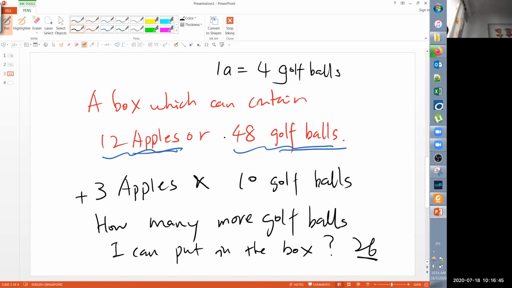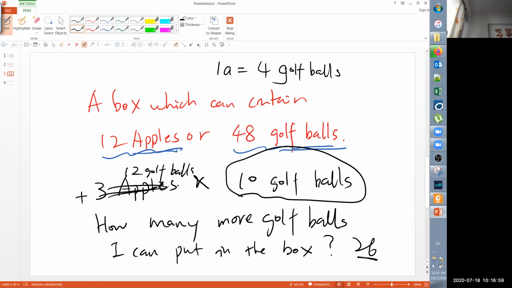So 10 golf balls plus the equivalent golf balls of 3 apples will give you 12 here, right? So the capacity taken is 22 golf balls. Yes, 22. You just add.